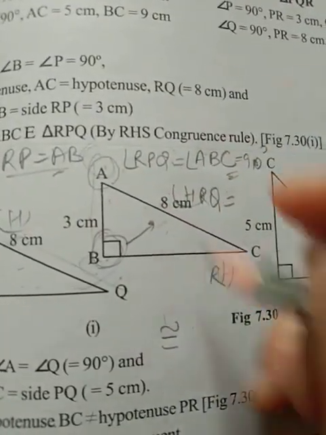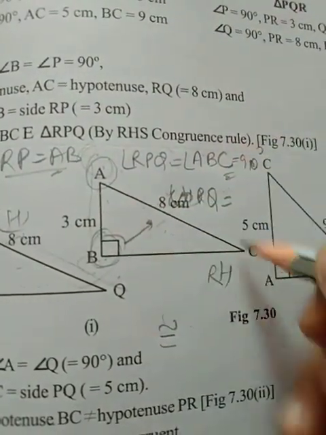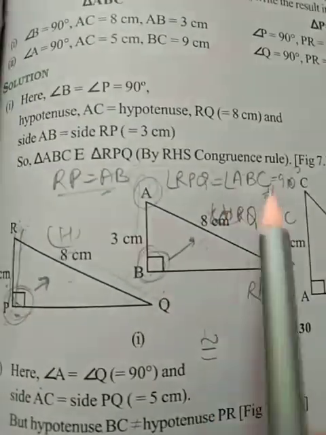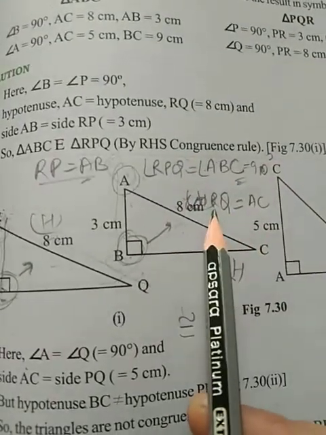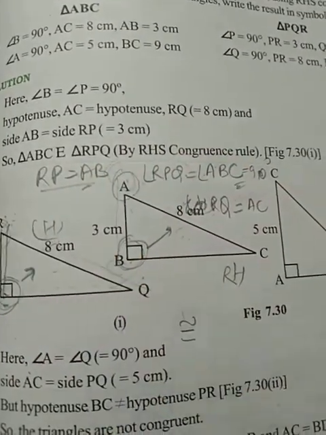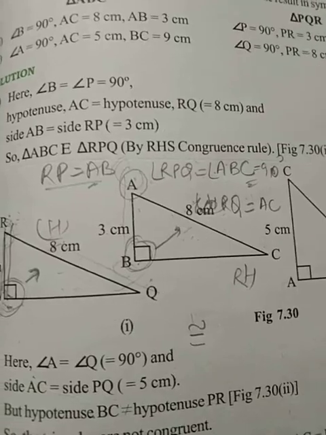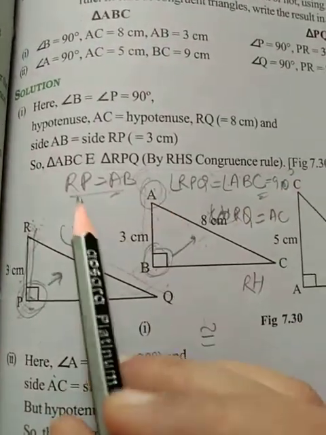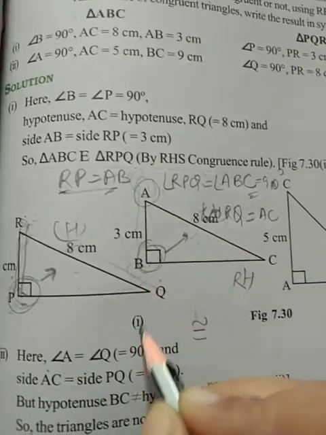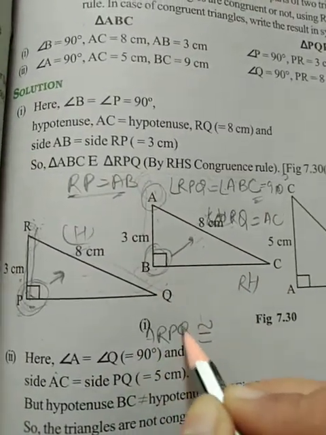Don't write CA. So AC, this is the hypotenuse, so right angle, hypotenuse and one side are equal, so they are congruent by RHS criteria.